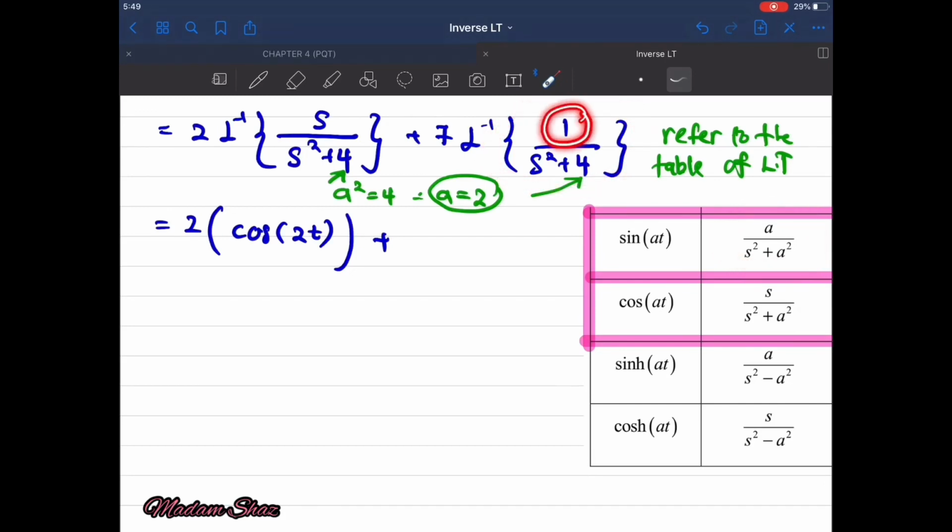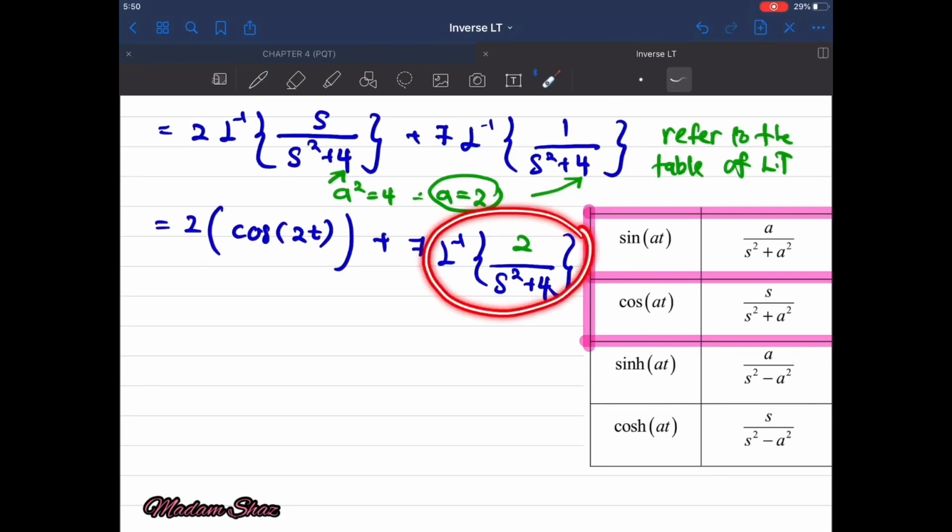So 1 here must be written as a. 7 Laplace inverse, 1 should be written as 2. 2 over s square plus 4. So now, when we write 2 at the upper side, you have to divide with 2 at the front. So divide with 2. So now simplify the answer.